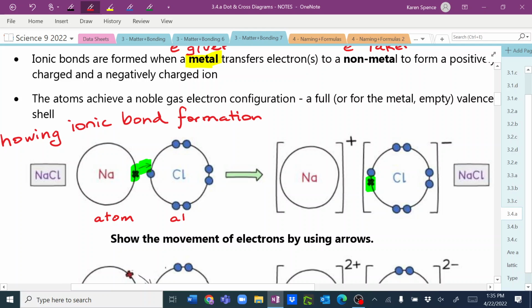And don't forget, once it has lost its electron and it takes on a charge, you need the brackets and the charge, because sodium is now positive and chloride is now negative.